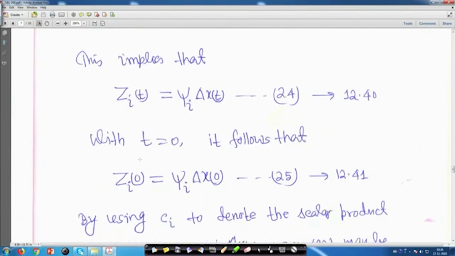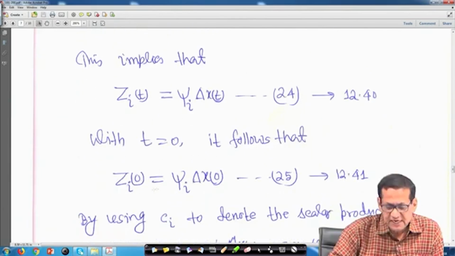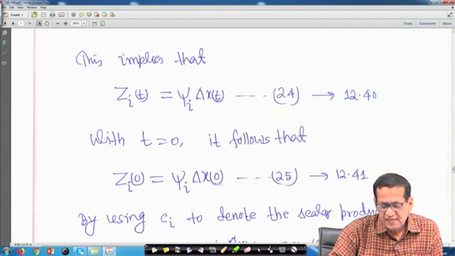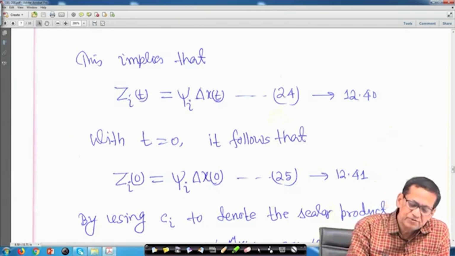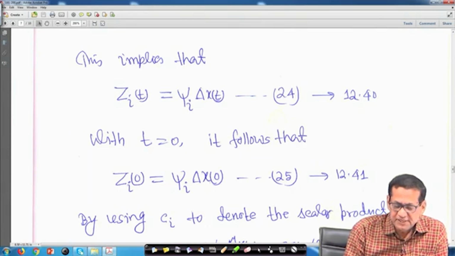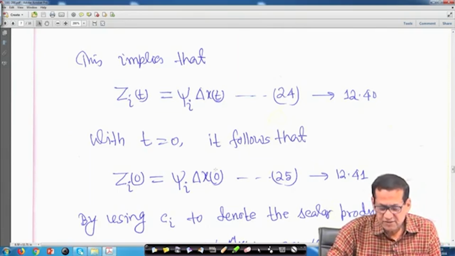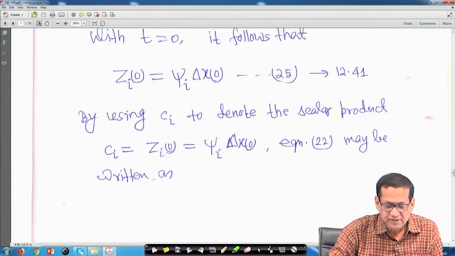With t equal to 0, it follows that z i 0 is equal to psi i delta x 0, because of the initial condition. By using C i to denote that scalar product, C i is equal to z i 0, which is equal to psi i delta x 0.